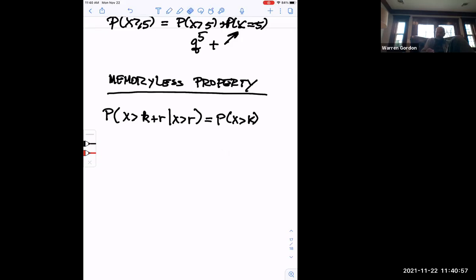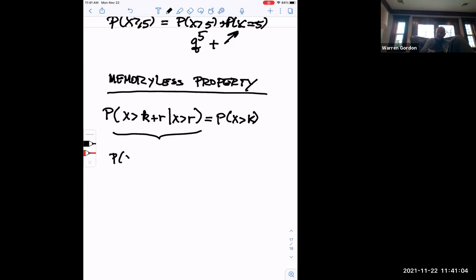Let's look at the left-hand side. This is equal to the probability of x greater than k plus r and x greater than r. Remember, it's the intersection divided by the probability of what's being given.